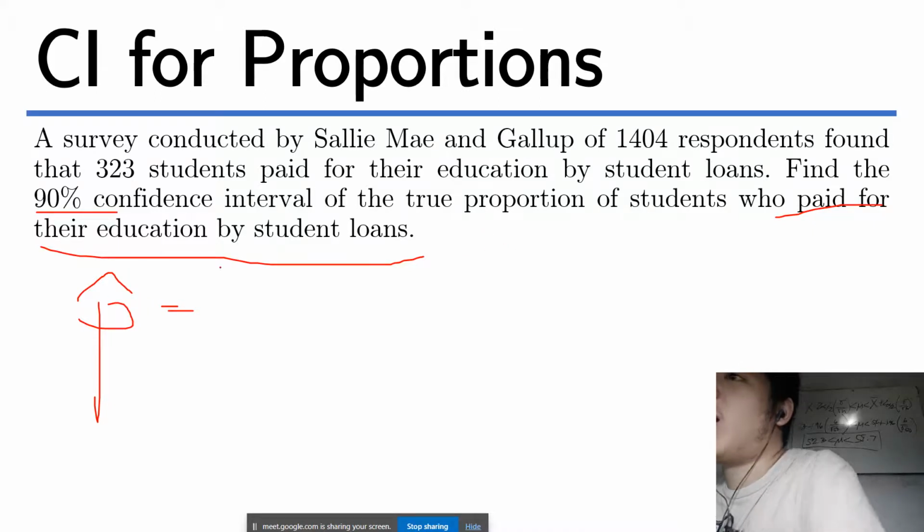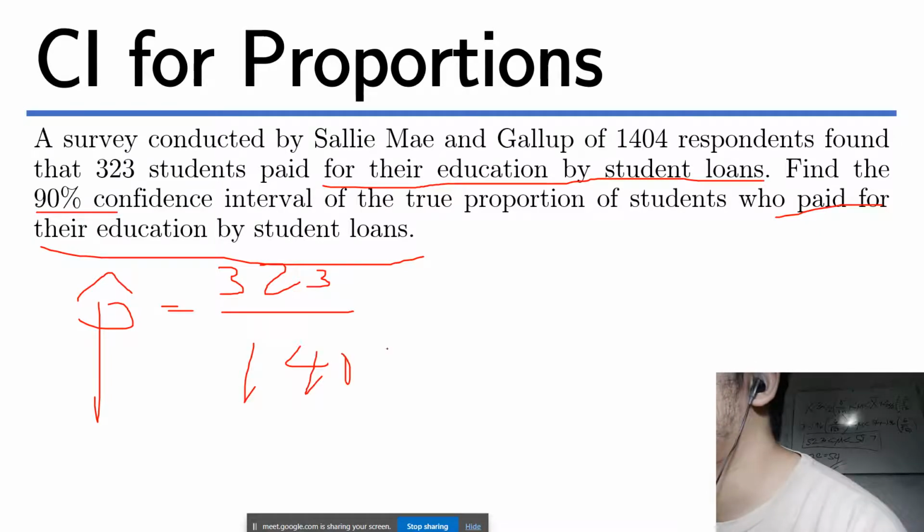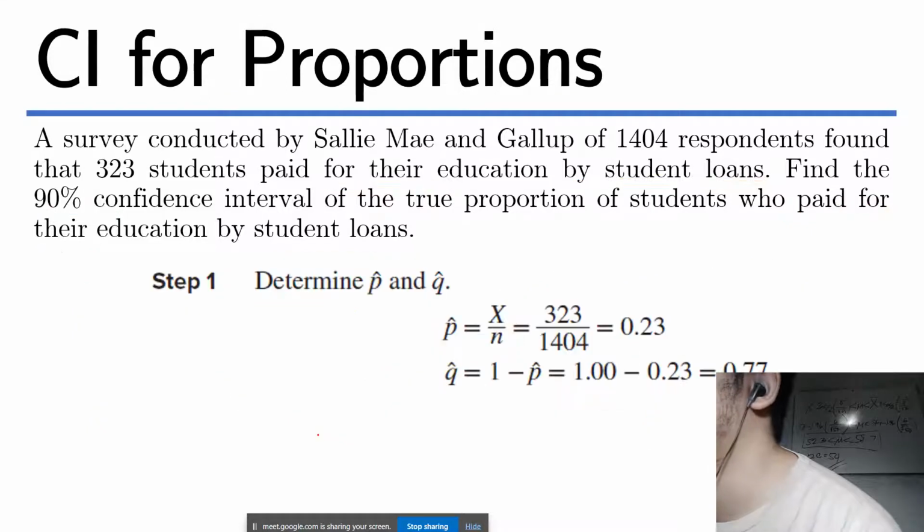Ang p hat is 323 over 1,404, for their education by student loans. Q hat equals 1 minus p hat, no? 1 minus nito. Okay? Ayan. O, diba? Nakuha na natin kanina.